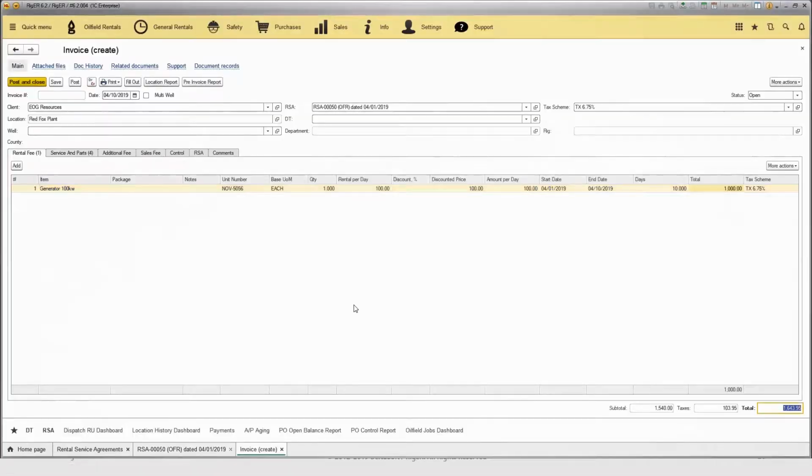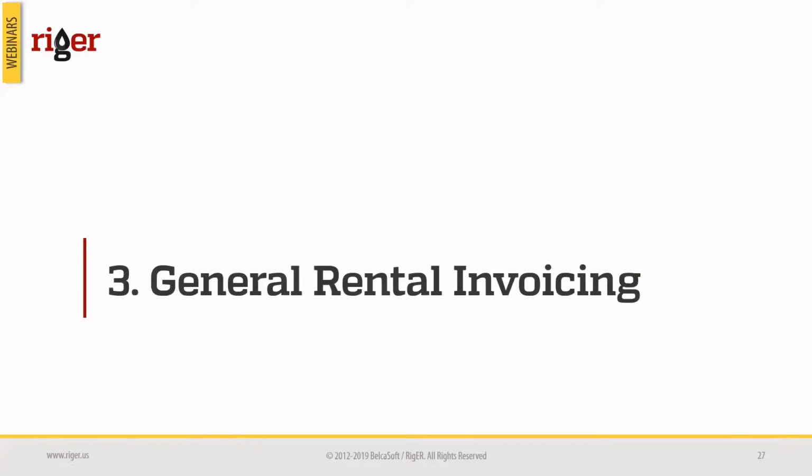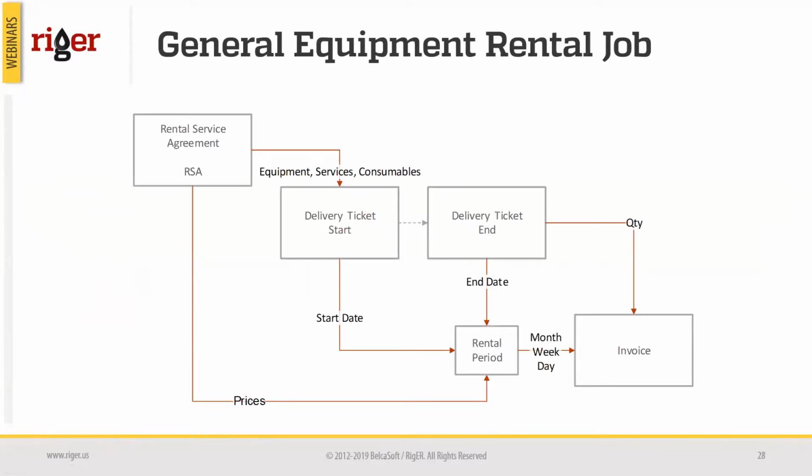Good. Thank you, Gleb. Let's move forward and talk about general rentals invoicing. General rentals invoicing differs a little bit from oilfield rentals because we have a multi-rental period approach, where we can have different rental periods: monthly, weekly, and daily.